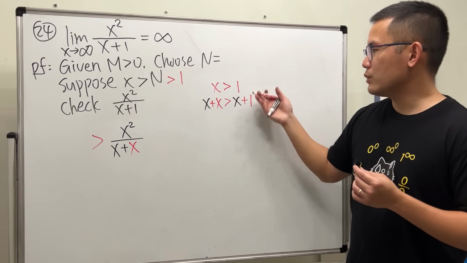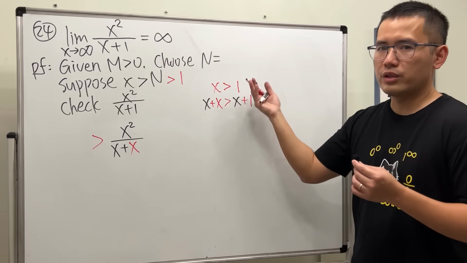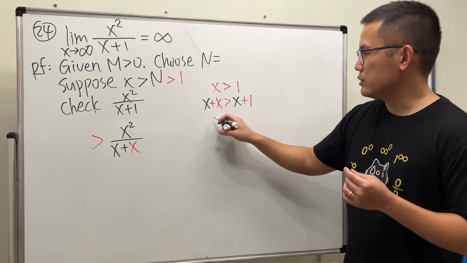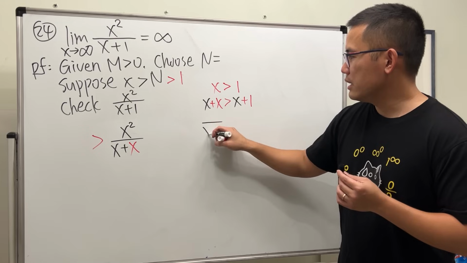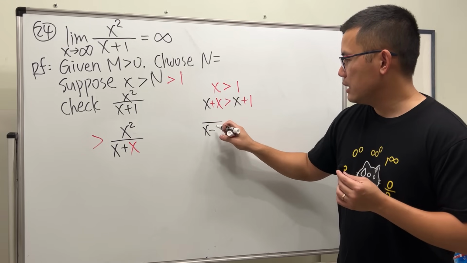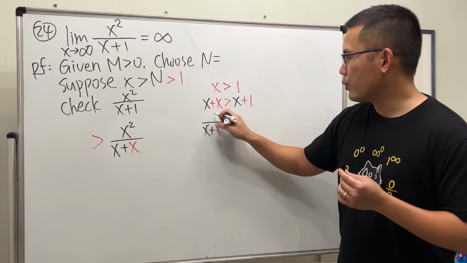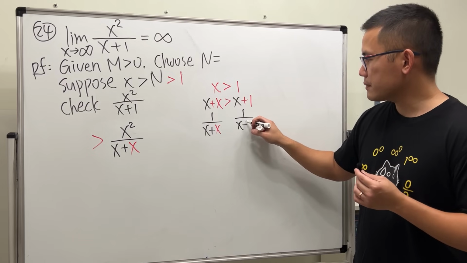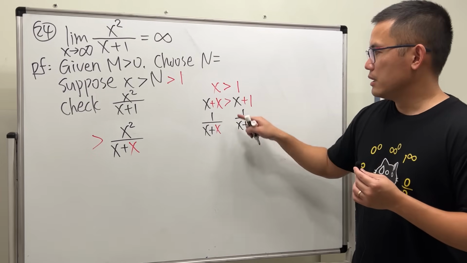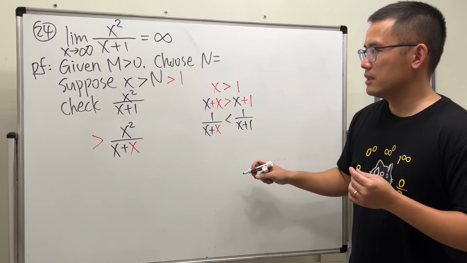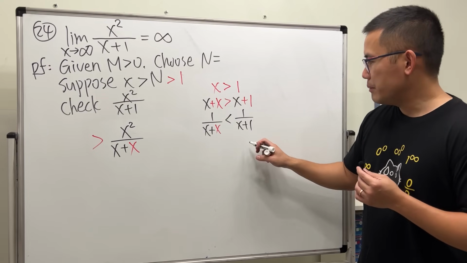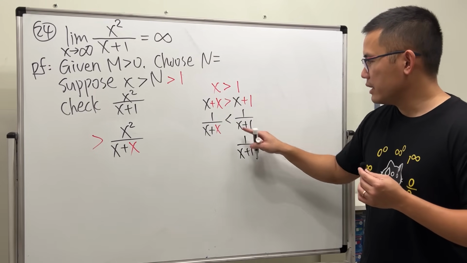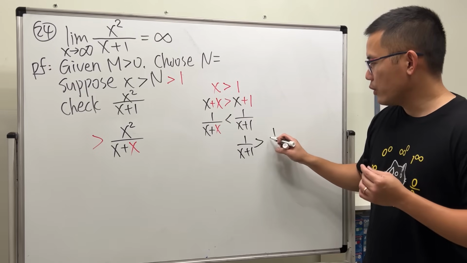Yeah, and of course, once you add x on both sides, x is greater than 1, so of course positive. So I can just take the reciprocal now. This is x plus x, 1 on the top and all that, 1 over x plus 1. Flip the inequality, it becomes like this. So that means 1 over x plus 1 is actually greater than 1 over x plus x.